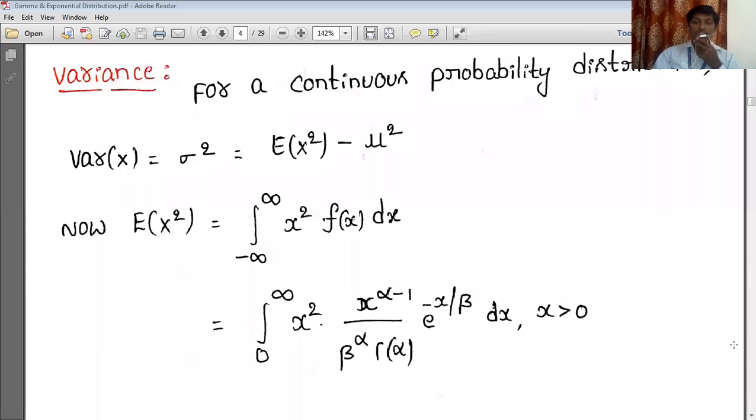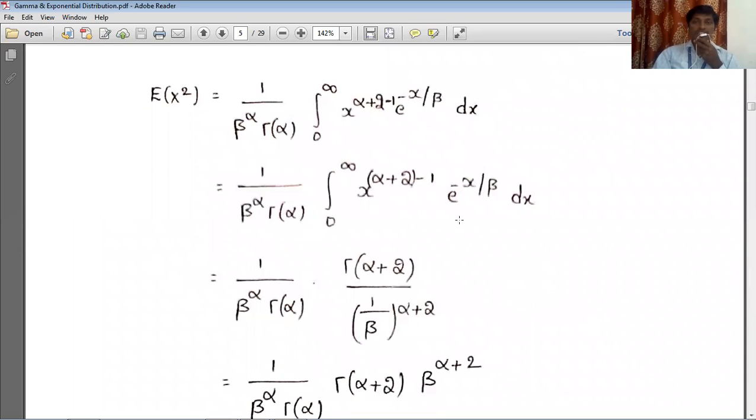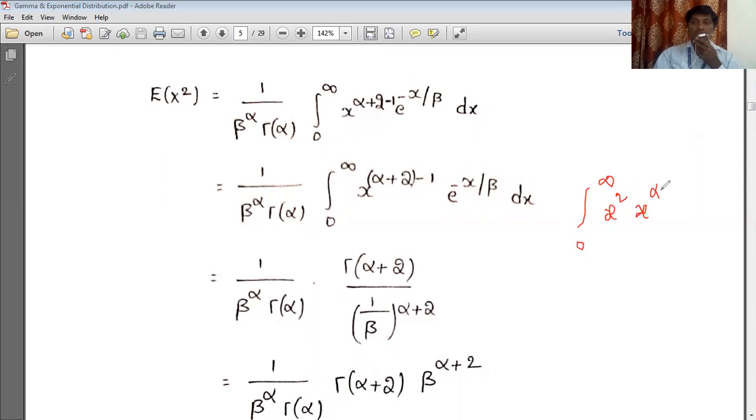Now we are going to simplify that. In the previous step we have the integral from 0 to infinity of x square into x power alpha minus 1. If you observe this in the form of a power m into a power n, that is simply a power m plus n.